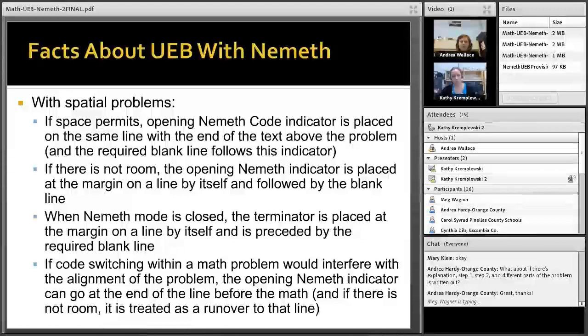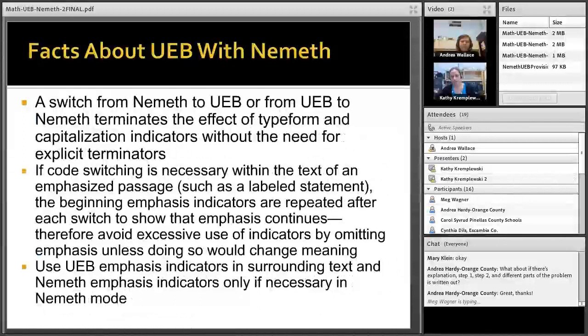When Nemeth mode is closed, the terminator is placed at the margin on a line by itself and is preceded by the required blank line. If code switching within a math problem would interfere with the alignment of the problem, the opening Nemeth indicator can go at the end of the line before the math. And if there is not room, it's treated as a run over to that line. I see Meg typing.